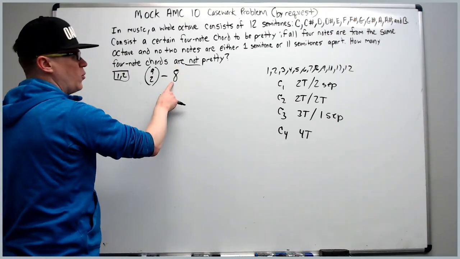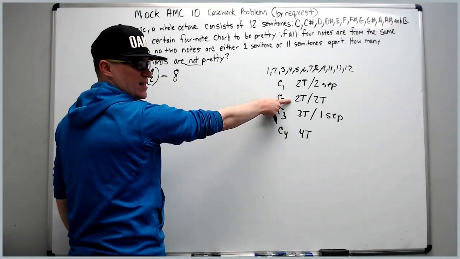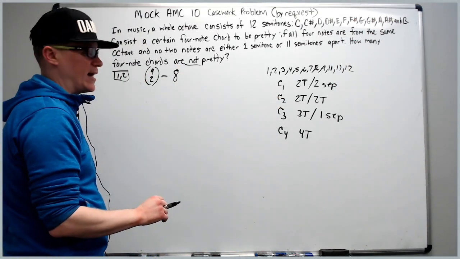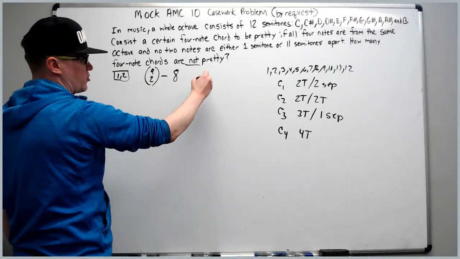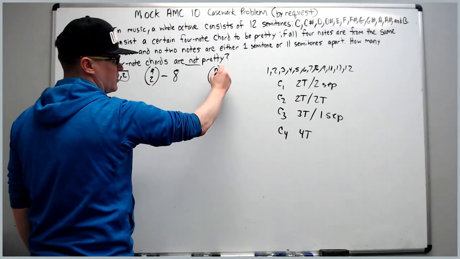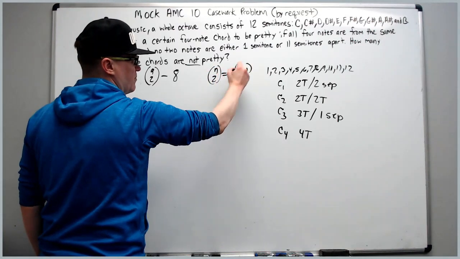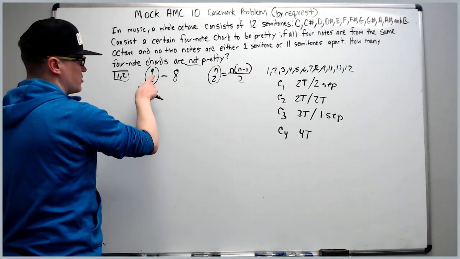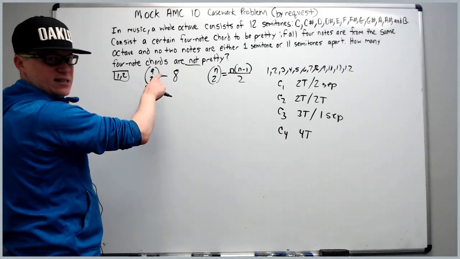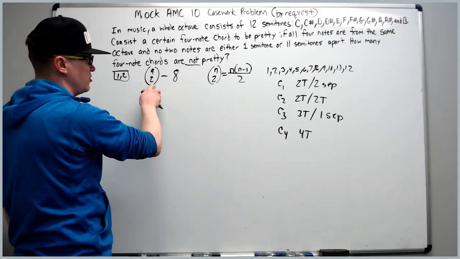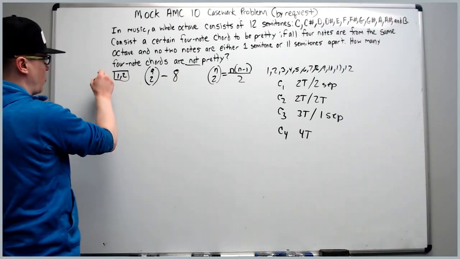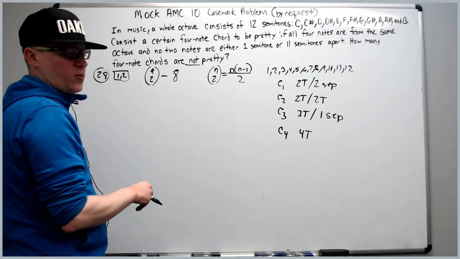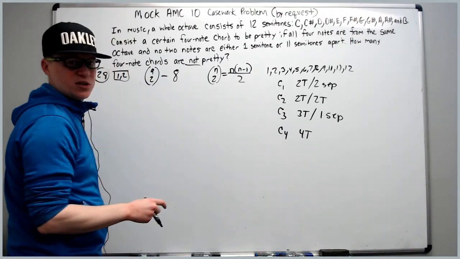There are 8 ways, because those would actually fall into this category, and we don't want to count those yet. There's a shortcut for n choose 2, if you don't know: n times n minus 1 over 2. So 9 choose 2 is 9 times 8, that's 72, over 2 is 36, minus 8. You're going to get 28 ways if you start with 1 and 2 for case 1 to occur.